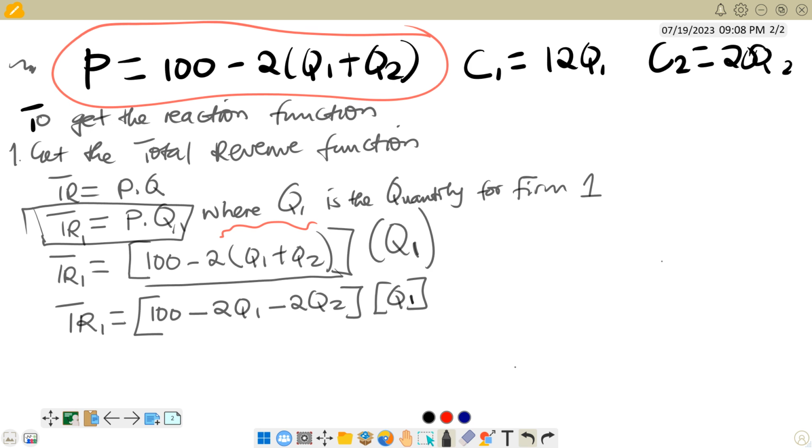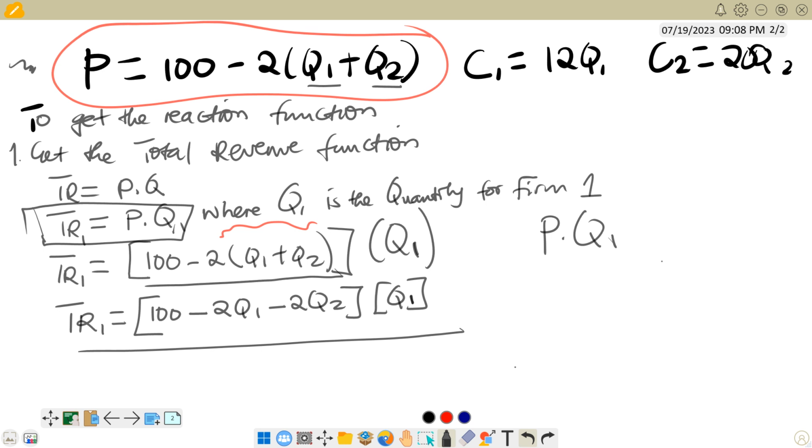The function for price has components of Q1 and Q2, so we open the brackets and distribute the negative 2. What we have now is the total revenue function for firm 1, which is not complete.